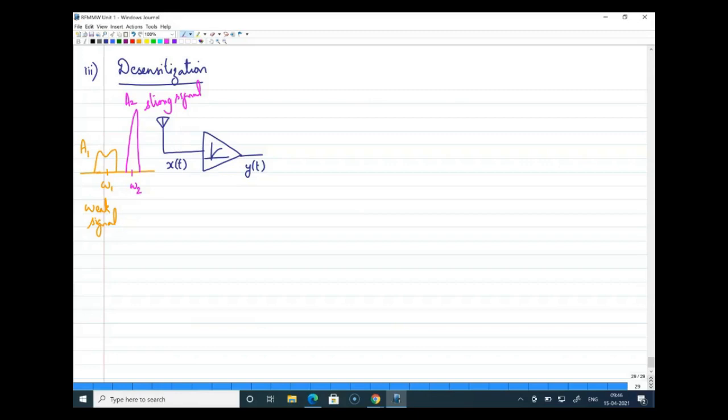If it accompanies a weak signal at the input of a receiver, what will happen? This strong signal is not the desired signal, so I am calling it an interferer, and this weak signal is your desired one.